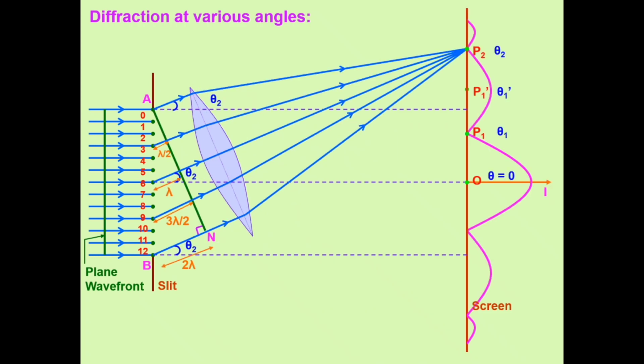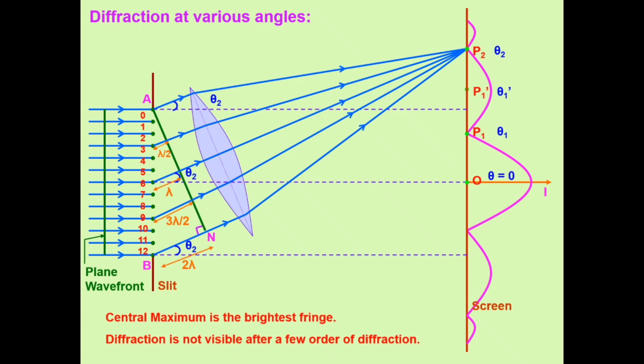Here you see all the angles of formation of diffraction, which is quite different from interference. In interference, all the fringe intensities are equal, but in diffraction only the central maxima is the maximum illuminated or maximum bright, and after that the intensity decreases.